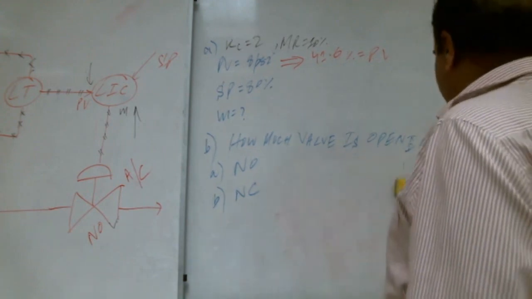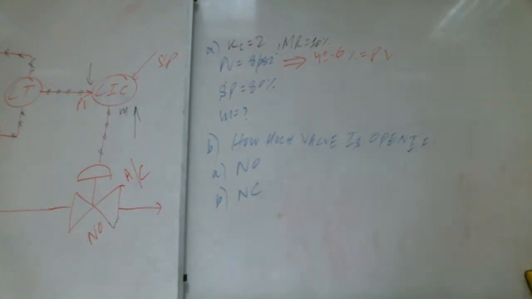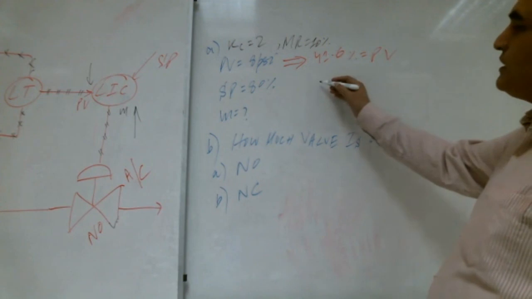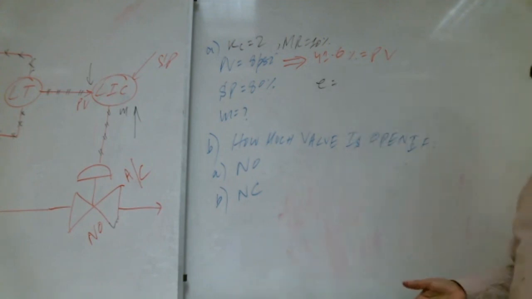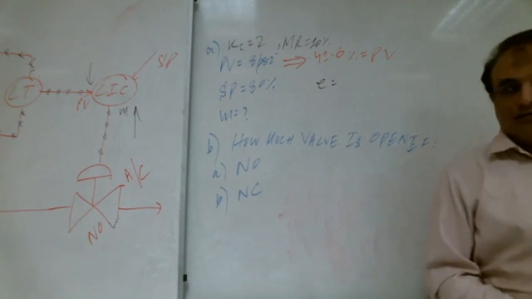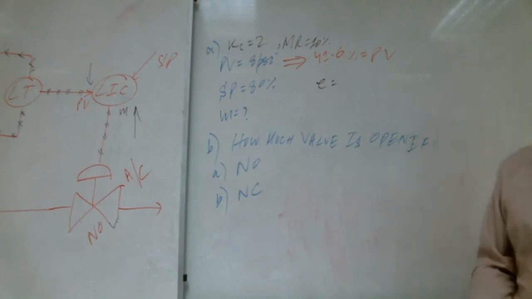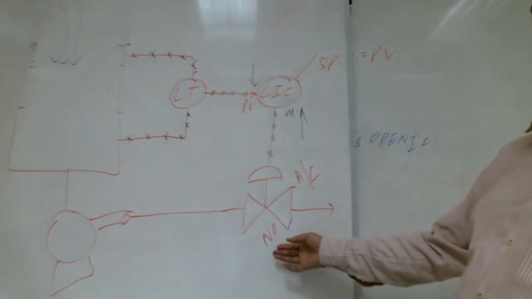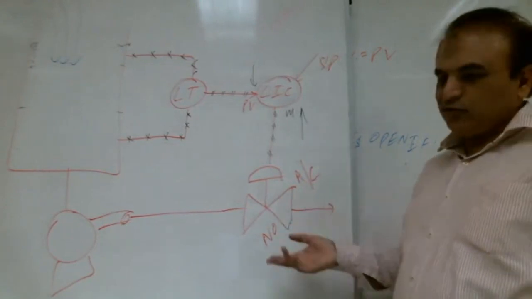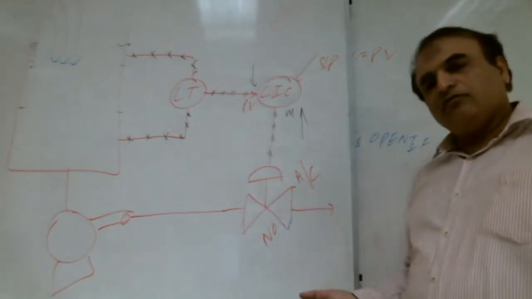So how much is the error, Shabab? What's the action? We don't know the action. Can we know the action? If it is given, normally open, air to close, air to open, normally closed, we can know.